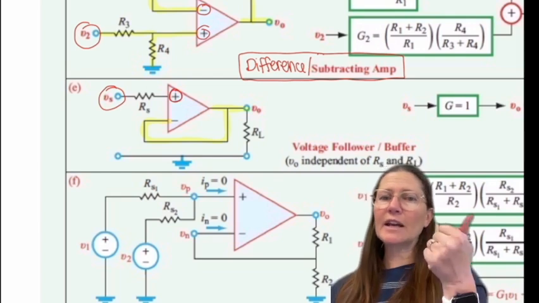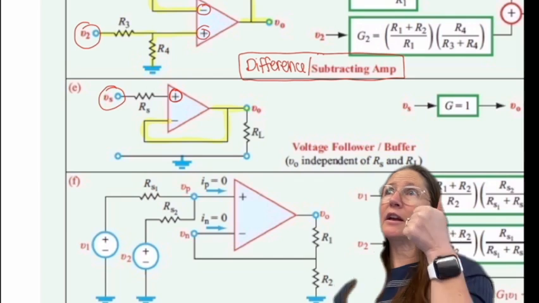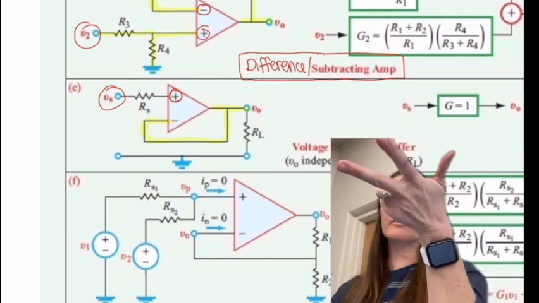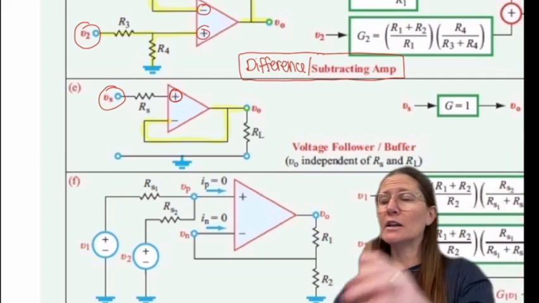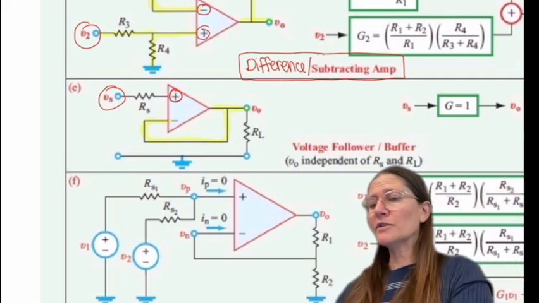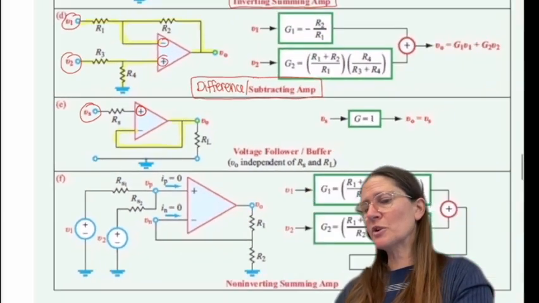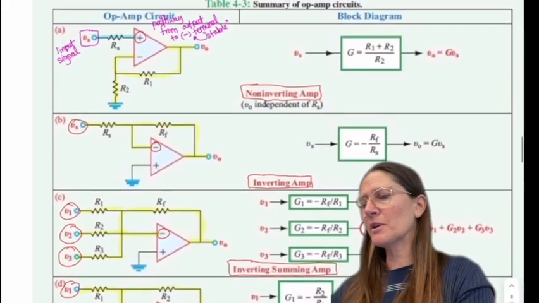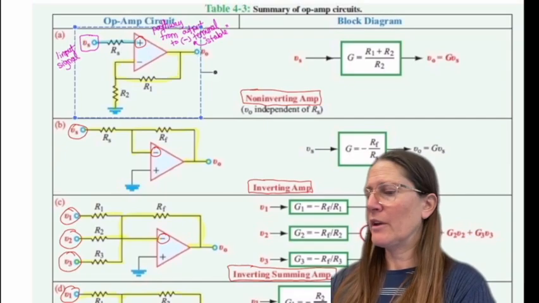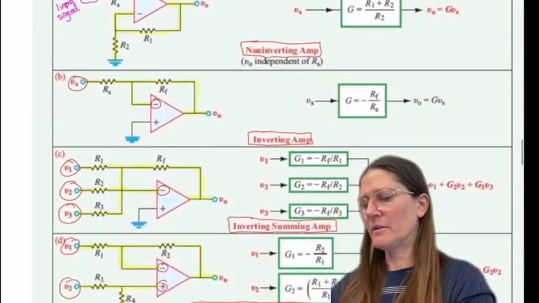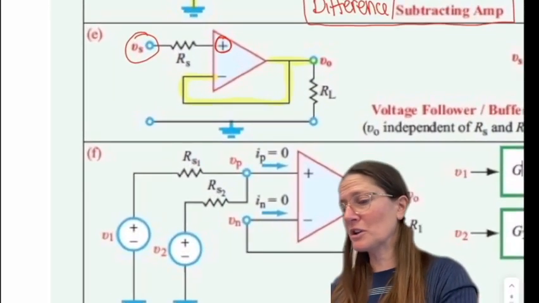So I have to say, is it inverting, non-inverting, or voltage follower? So I have 3 choices from seeing and observing that. I then have to look at what is the difference between a non-inverting amp and this one. So the difference is easier to see visually.